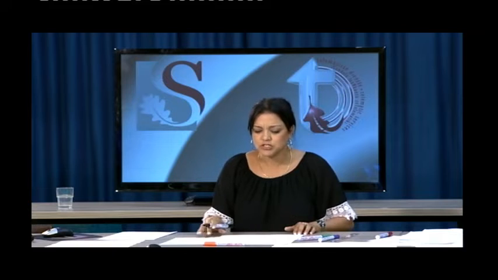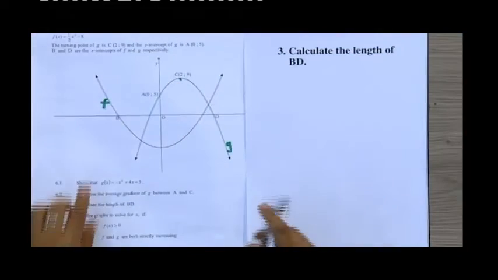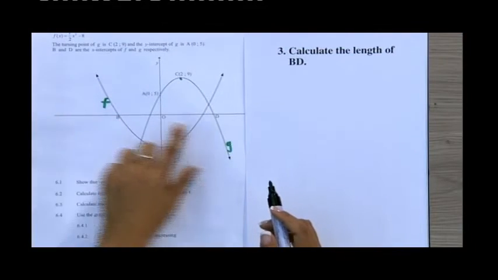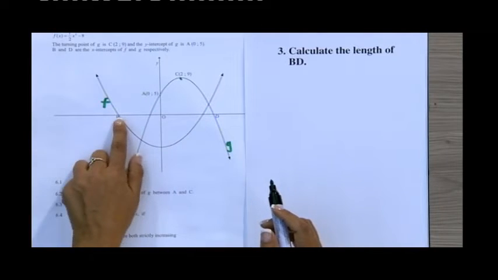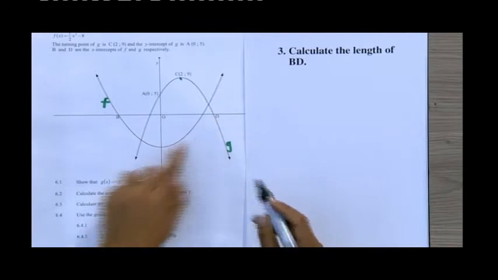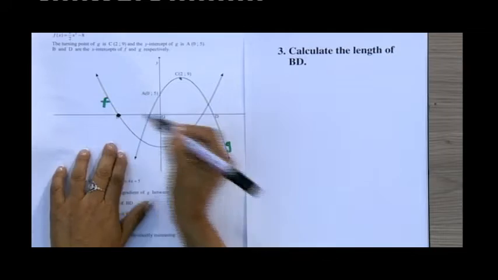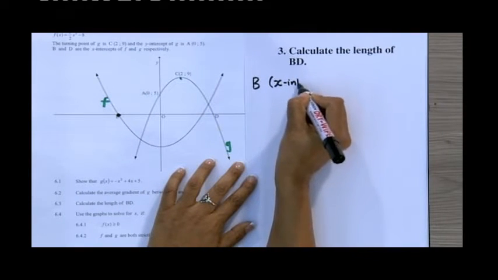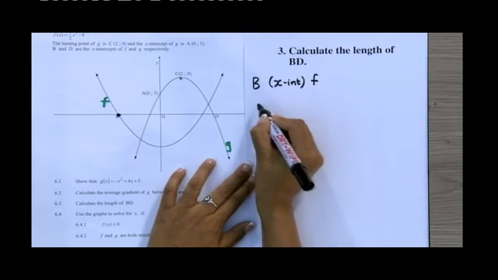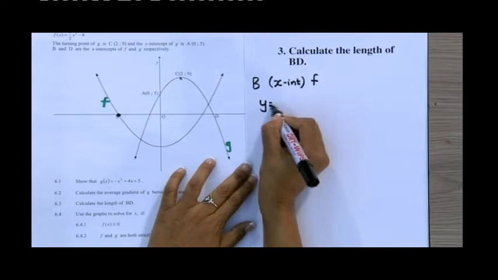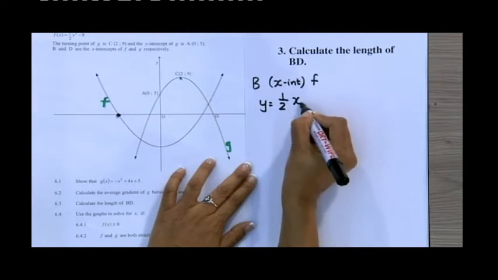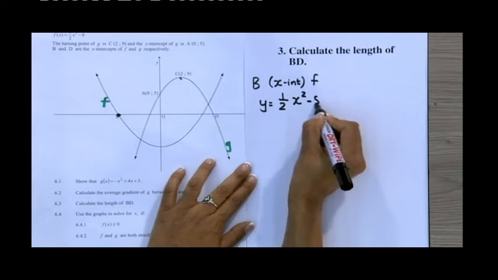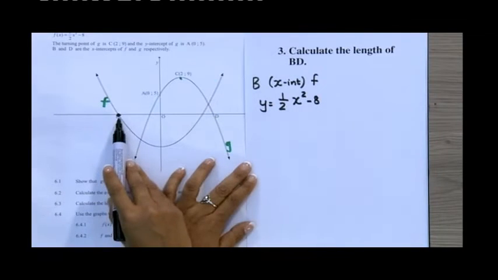The next question tells me that I must determine the length from B to D. If I look at B, I can see that B is an x-intercept of f. So take the equation of f, which is half x squared minus 8, and get that point there.